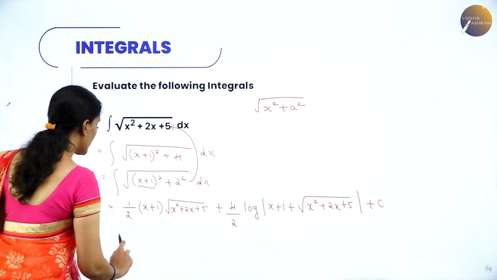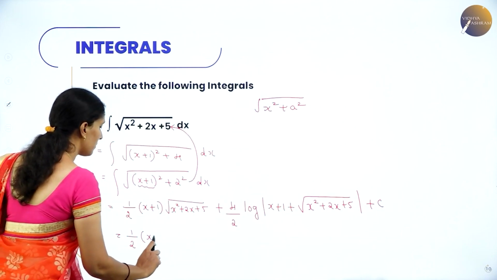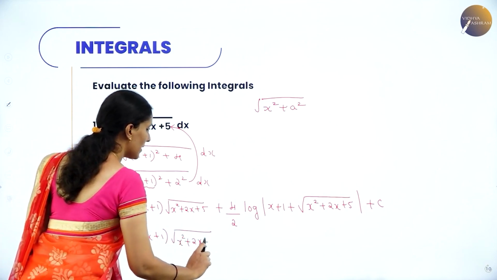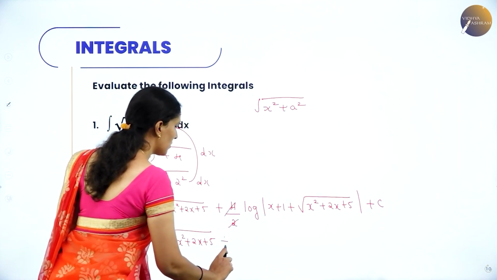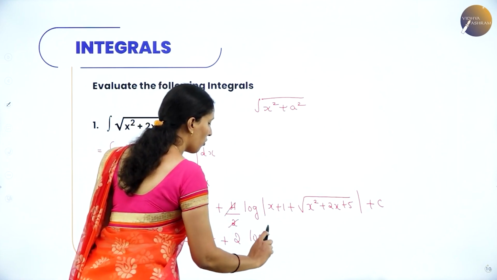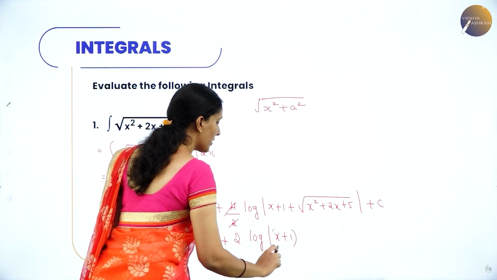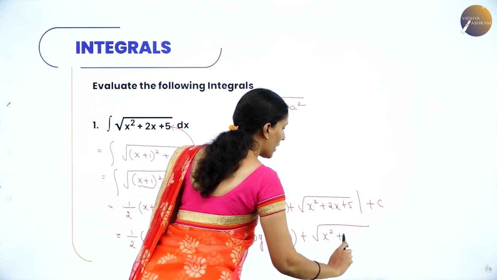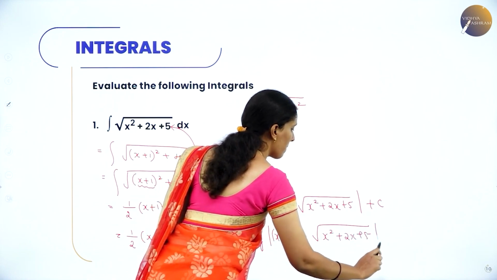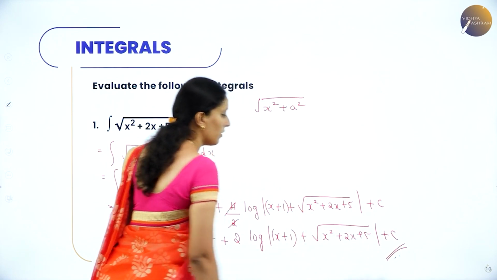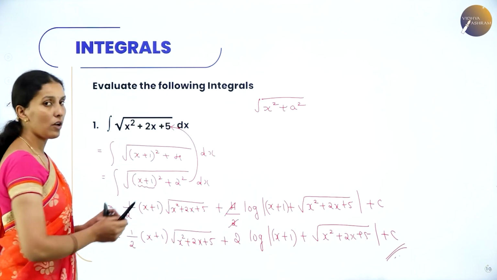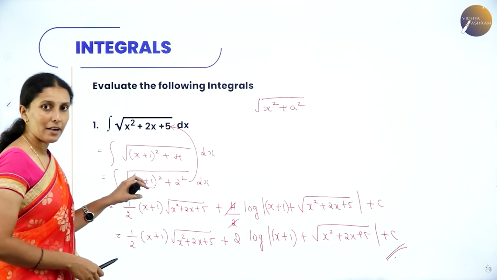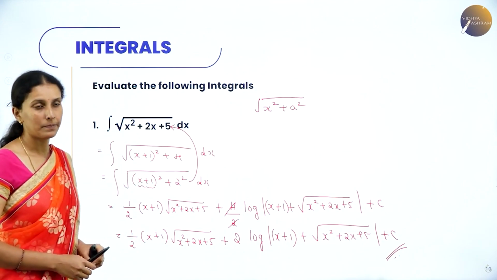So therefore the value is half into x plus 1 root of x square plus 2x plus 5, and 4 by 2 cancels to 2 times log of x plus 1, you can write it in brackets if you need, plus square root of x square plus 2x plus 5, plus c. So this is the value of the given integral, and this is for 1 mark because no need to evaluate the integral. You are just reducing it to standard form and writing the standard integral.